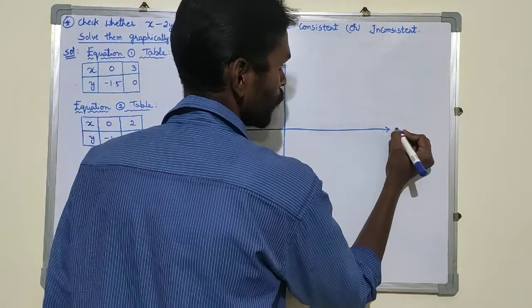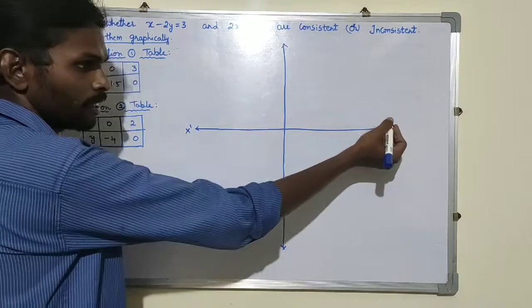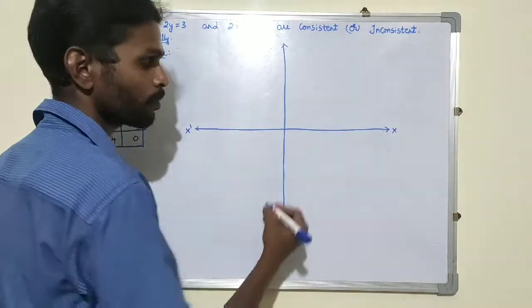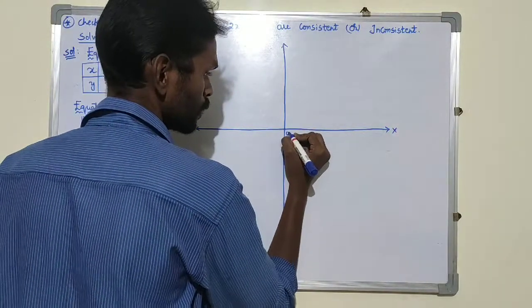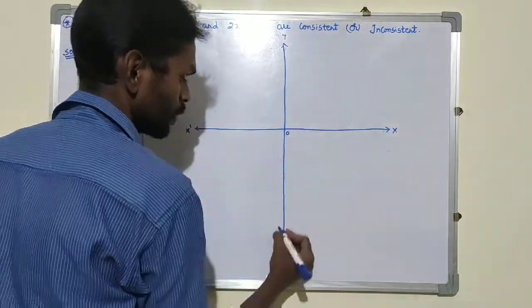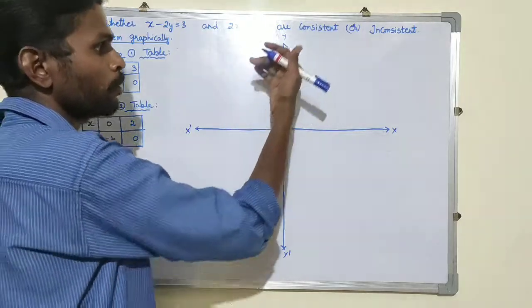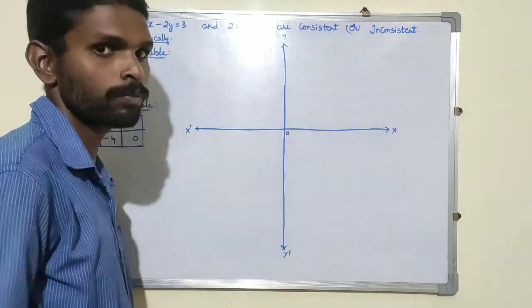Generally, you know that the horizontal line is called x axis, x dash, and this line is called y axis. Origin is represented by O or 0, y dash. Positive x axis, negative x axis, positive y axis, negative y axis.